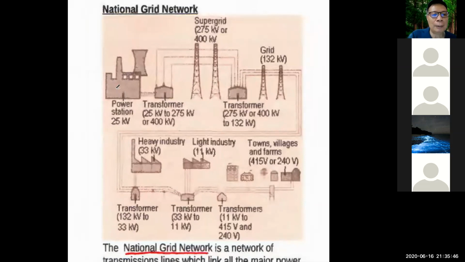This is a power station. Start from the power station. For this power station, we can use hydropower, thermal power, solar power, anything to generate current. You see the power station producing 25 kilowatts.